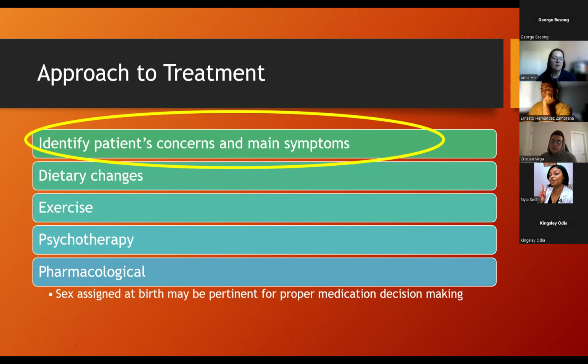We can talk to them about exercise, because exercise is really important for bowel health, especially if we're dealing with constipation. Because of the suspected brain-gut connection with this disorder, we can talk to them about psychotherapy. And then, lastly, we're going to talk about pharmacological treatment.